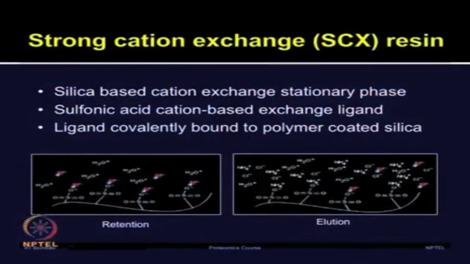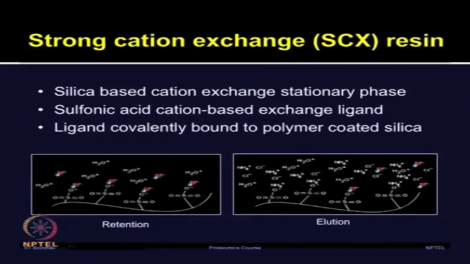Let us now talk about another separation technique which is also commonly employed in proteomics, which is strong cation exchange or SCX. So, in SCX resin, the silica based cation exchange is used in the stationary phase. The sulfonic acid cation exchange ligands are used. These ligands are covalently bound to the polymeric coated silica. Now, as I have shown in the slide, there are two important phenomena here.